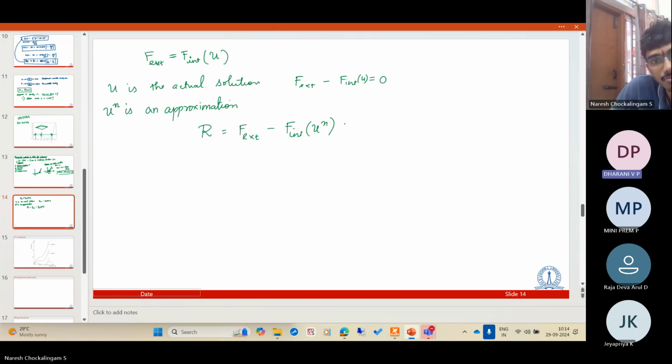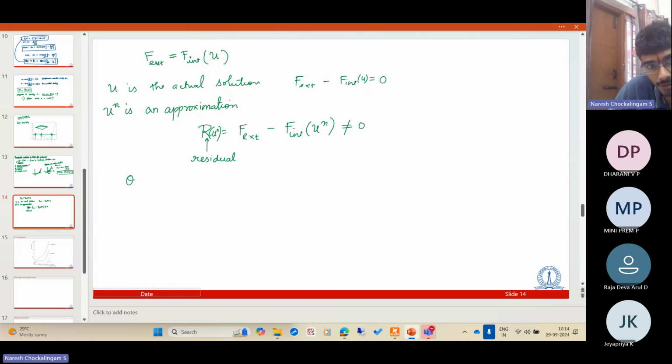Approaching 0, sir. Yeah, it will be approaching 0, but not 0. Our goal is to make it as small as possible. So this is also a function of the guess. So un is some kind of a guess or an approximation, and it will not be 0. And whatever remaining value it gives, we can call it the residual.